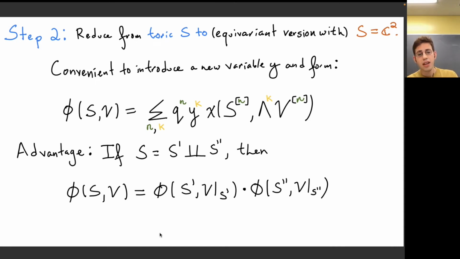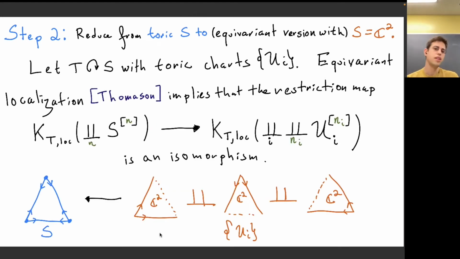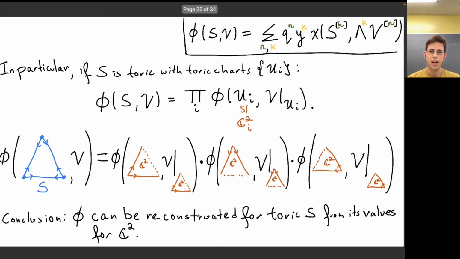And so if I combine this fact with the fact on the previous slide, that I can relate sheaves over the Hilbert scheme of points on the surface with some sheaves over the Hilbert scheme of points on this disjoint union, I get the following fact.